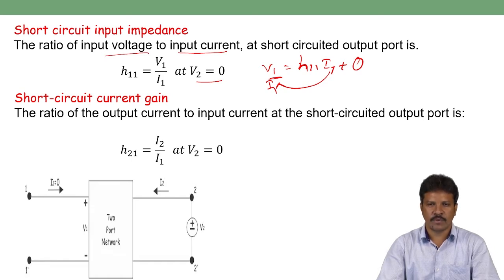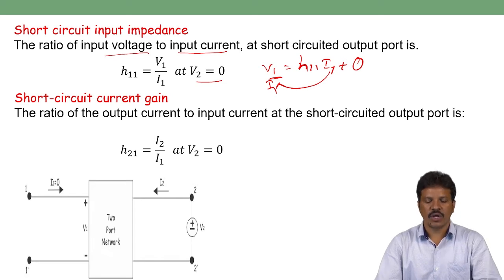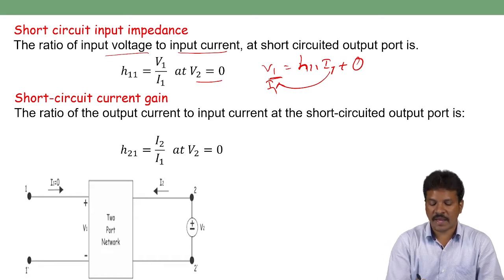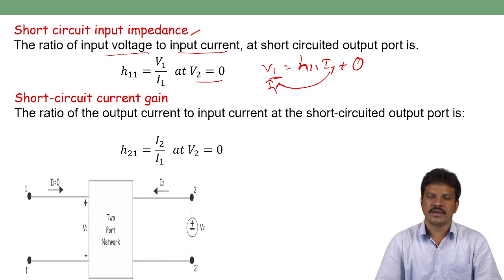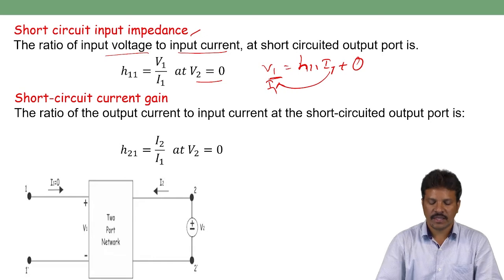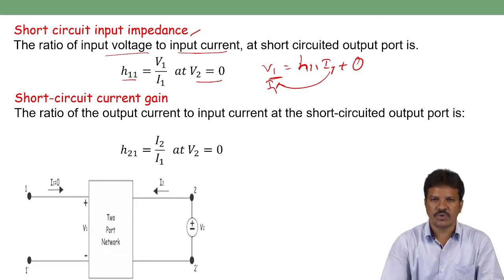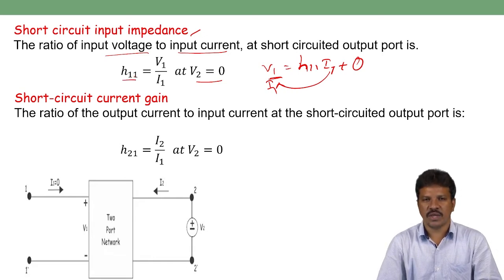How do we get this input impedance? By shorting the output voltage. So the parameter is called the short circuit input impedance. The formula for H11 is the ratio of V1 by I1 at V2 equal to 0.